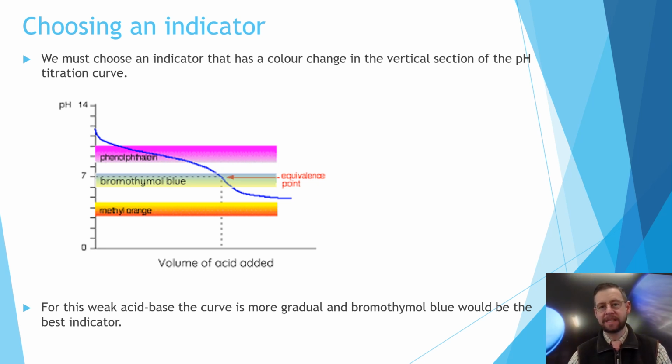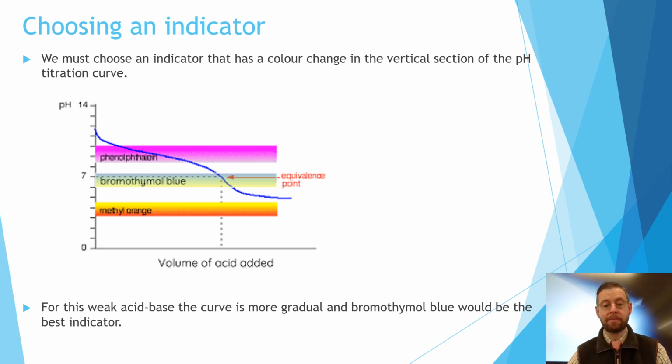So what we have to do is select an indicator that has a sensitivity range during the vertical section, and preferably in the middle of the vertical section of the particular acids and bases. You can see in this diagram here, phenolphthalein doesn't catch the equivalence point, and neither does methyl orange in this situation. But bromothymol blue does, and so that would be a very good choice of indicator.